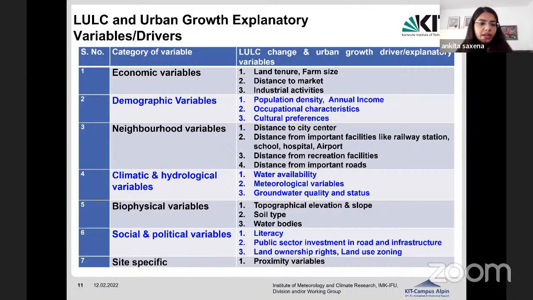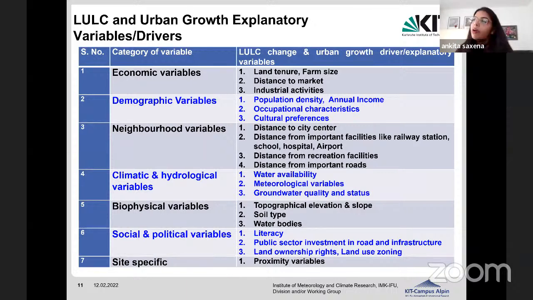So these are economic drivers, and demographic variables also play a role, like population density. The more the population, the more the population density, the more the urbanization, because urbanization demand increases with the increase in population. So if we have an idea about the population density, then it would be good to model the urban growth. Also the annual income of a person, per capita income: how much is the capability of a person to buy or build new infrastructure or houses, and what kind of houses.